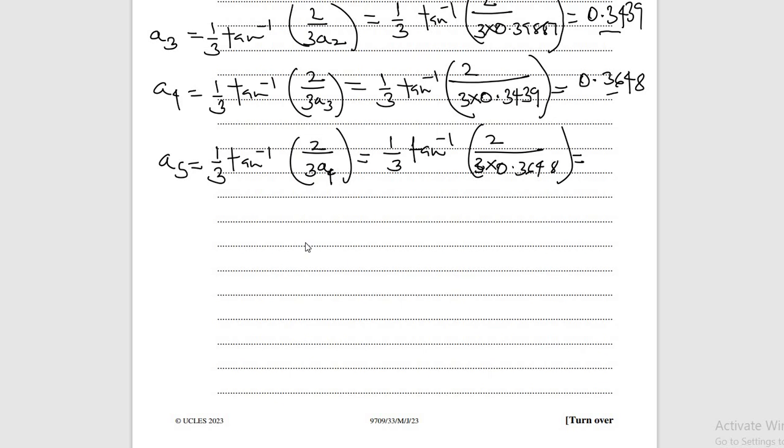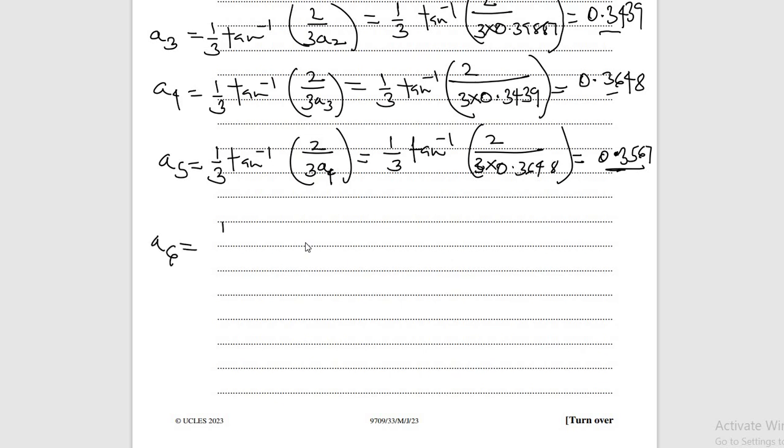So for A5, we have 0.3567. It's looking similar. This is 0.36, this one is 0.36. Let's confirm it. It's going to be the same.